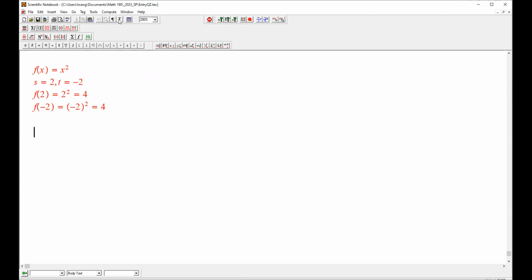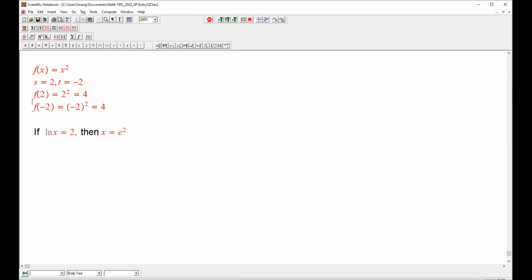For example, if I say, if ln x equals 2, then I can infer that x will equal what? x will equal e squared.